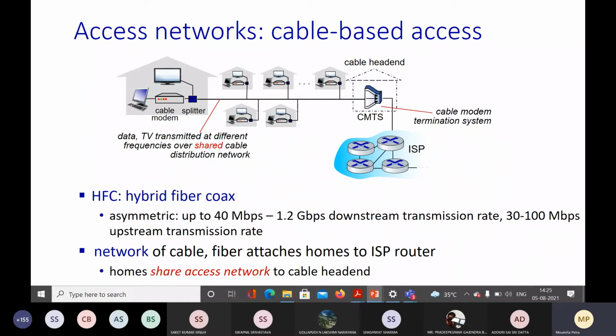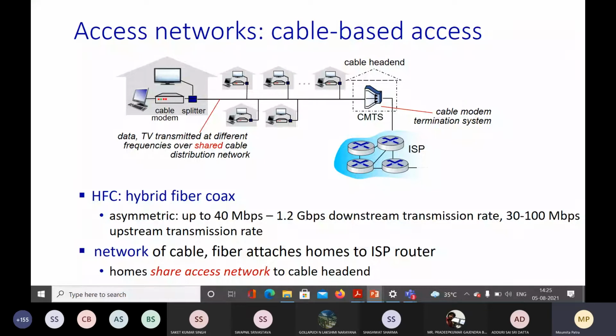All right. This is the main cable that I was talking about when I was talking about cable-based access. This is called the HFC, or the hybrid fiber coax cable, a coaxial cable. What coaxial cables are, we will study a few slides further down. But first, let us see what this hybrid coaxial cable is going to provide us.